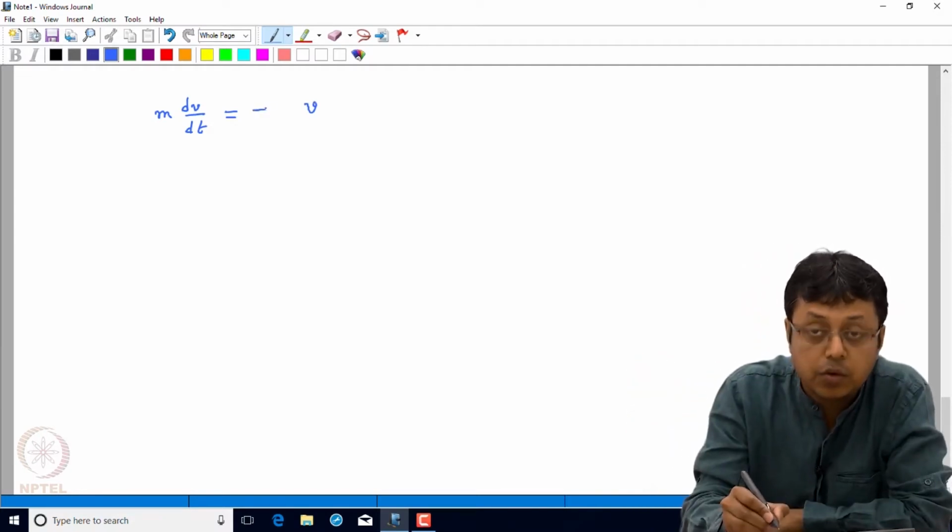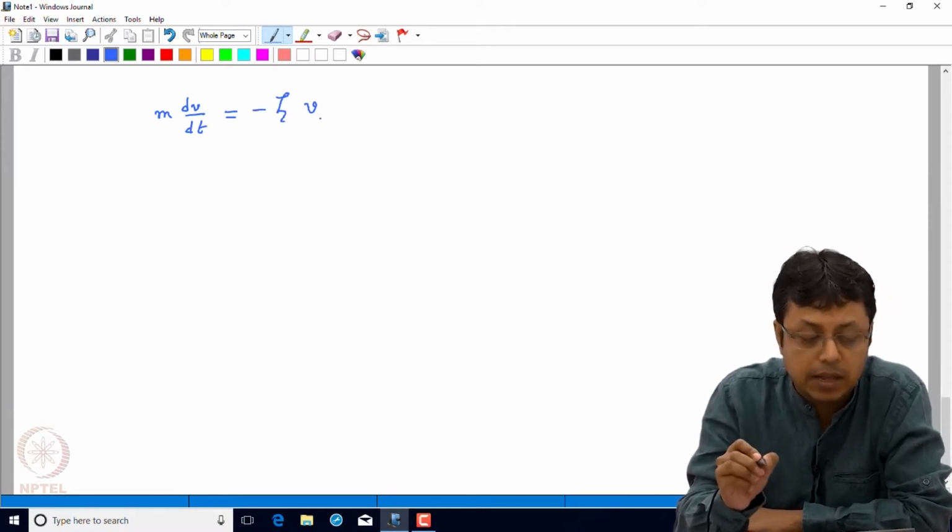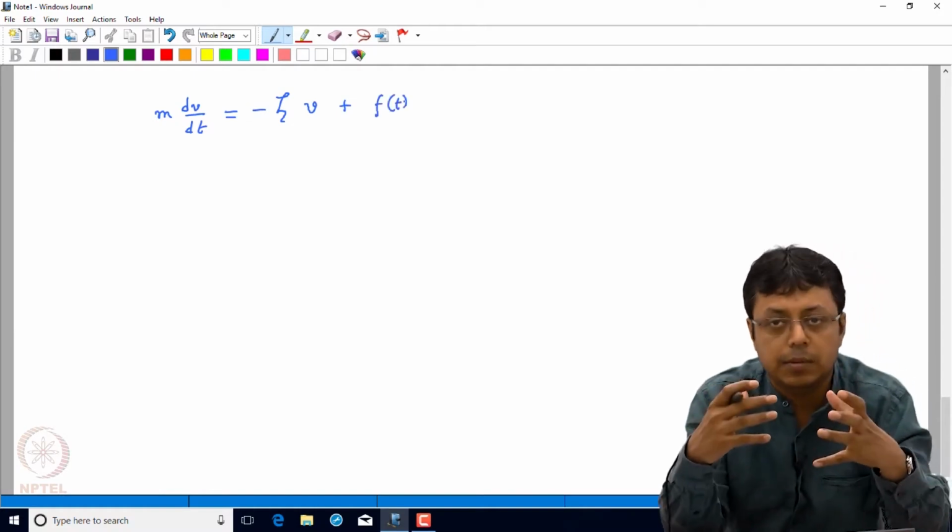So if the frictional coefficient is constant, which we write as zeta, I am writing a negative sign for that. And then there will be also a random force, which is of course a time dependent force.